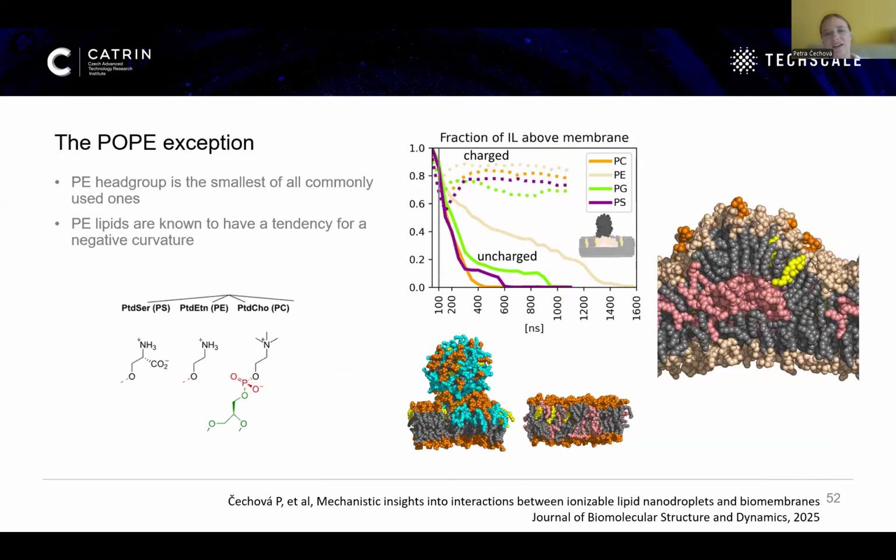This process happened in 3 replicas of these 4 systems, but one case that was specific was the system with the PE head group. If you remember, as I said earlier, the PE head group is actually the smallest of the head groups of the lipids that are commonly found in nature.